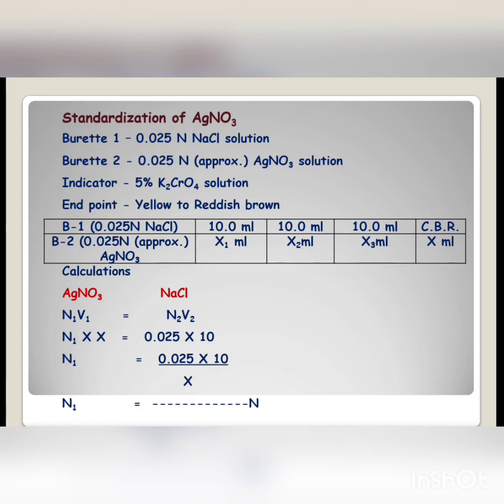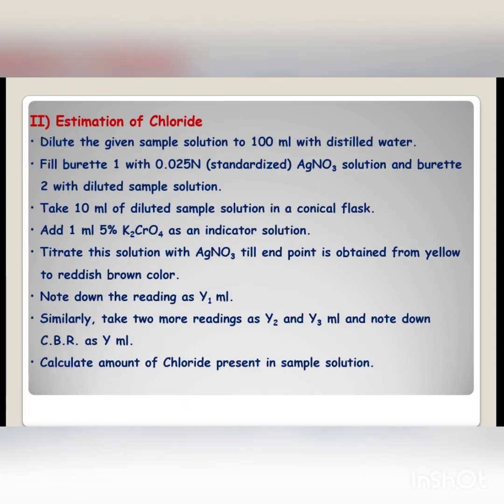Now let us see how to calculate the normality of silver nitrate solution. During standardization, first of all in burette 1 we have taken 0.025 normal sodium chloride solution. Then in burette 2 we have taken 0.025 normal silver nitrate solution.